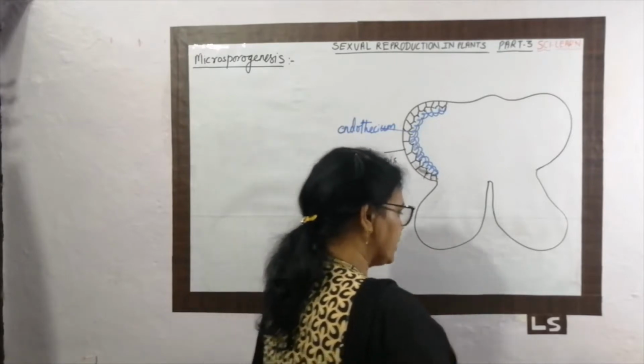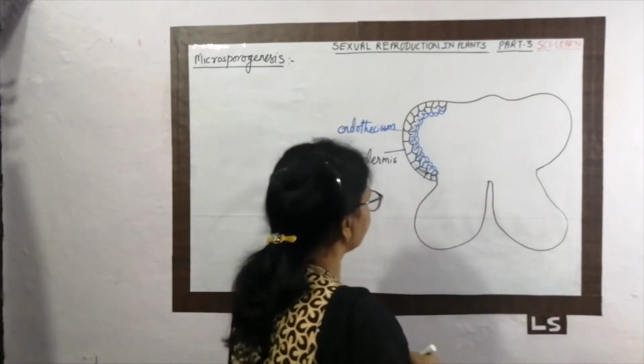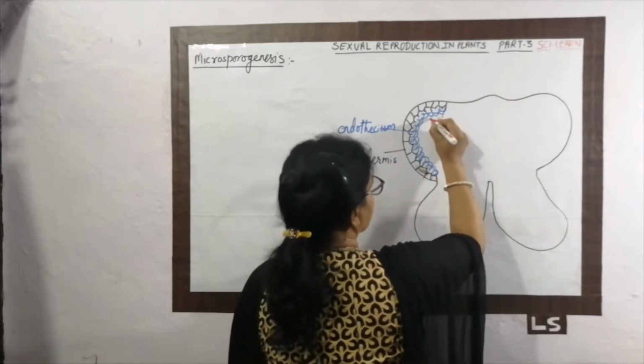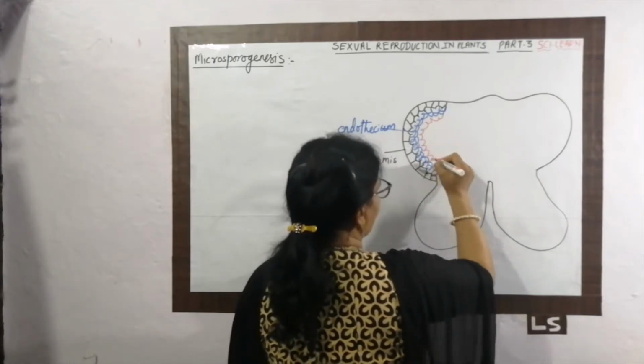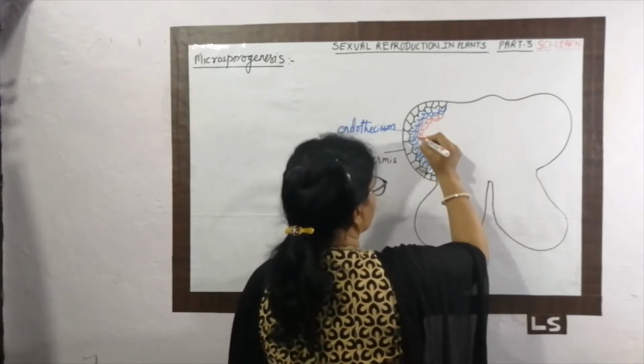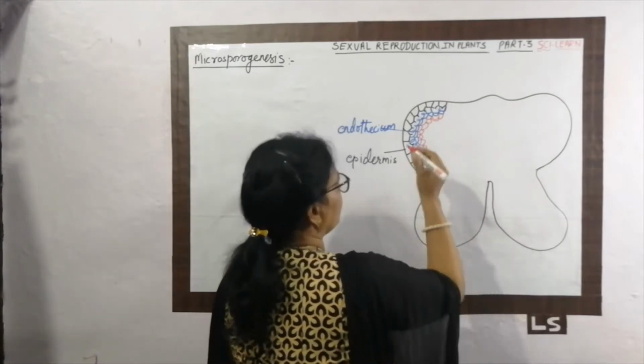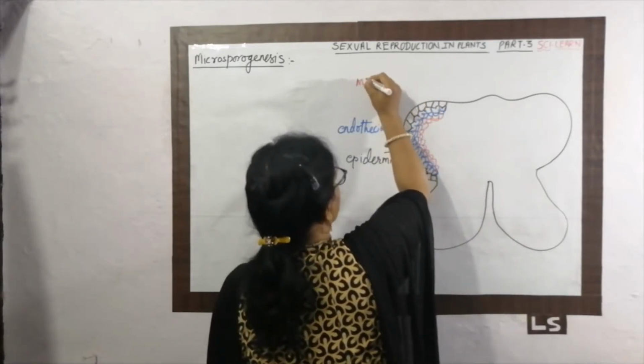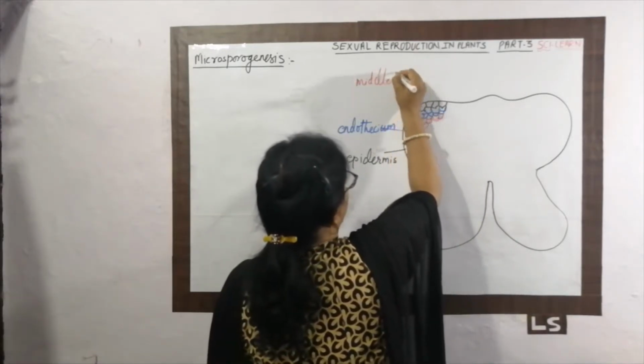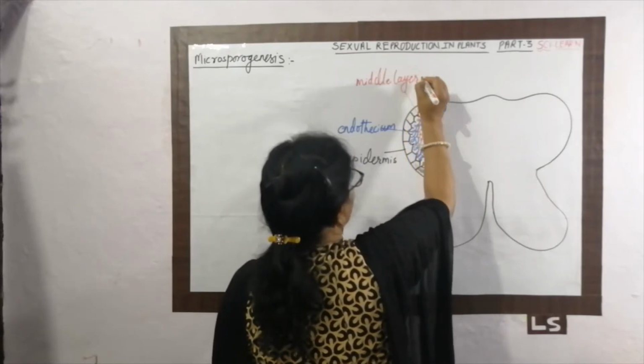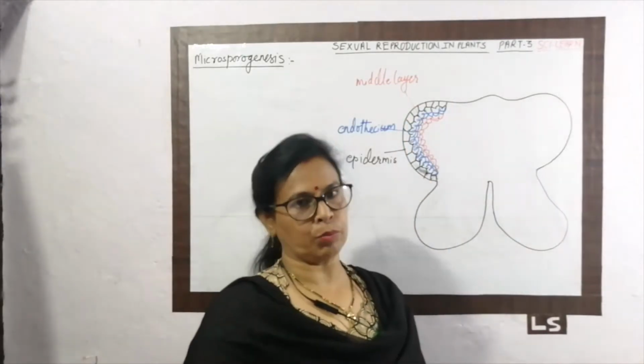After the endothecium, the middle layer is there. A few layers of the middle layer are present all over the thickness of the lobe. These three layers are called the protective layers in the microsporangia.